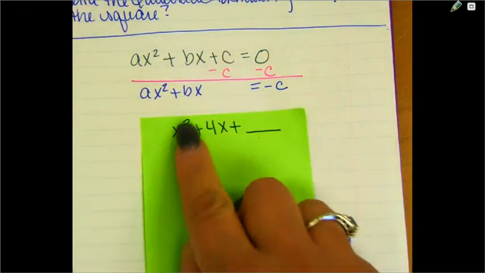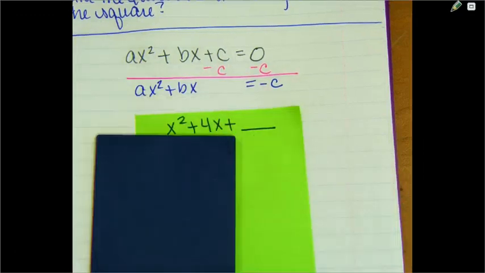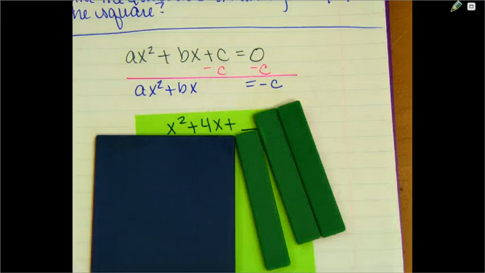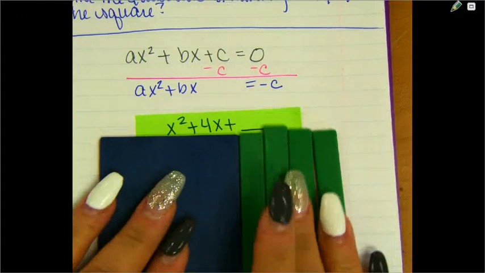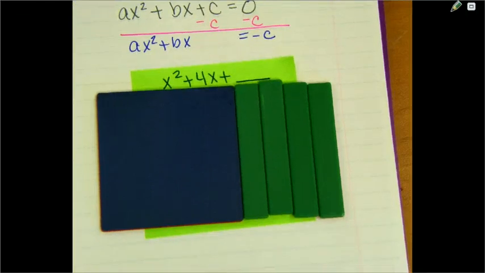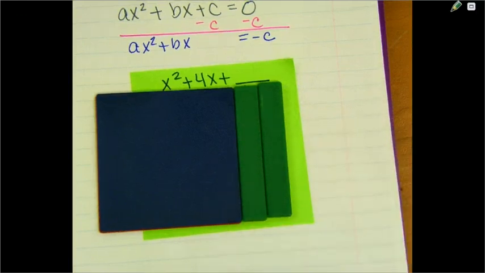Okay, so if I have x squared, I have one of these. How many of the green ones do I have? 4. And you're finding what you're adding, right? And remember, we need to make a square. Is this a square? It's like a rectangle. It is a rectangle. It's not a square. So in order to make a square, how do I make it a square? Move half of the 2 x's. Where? On the bottom, like this?